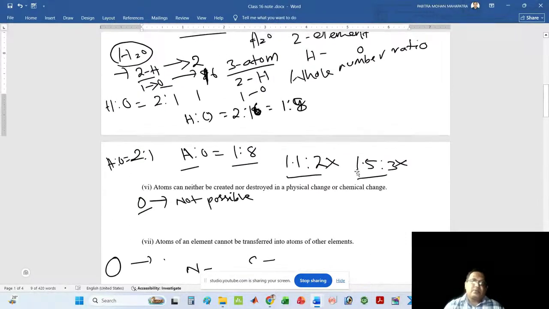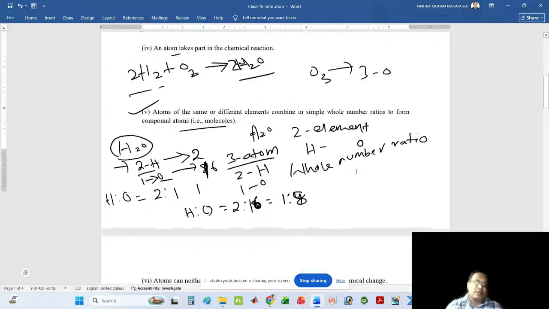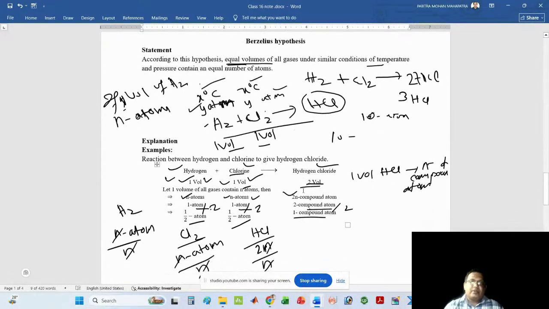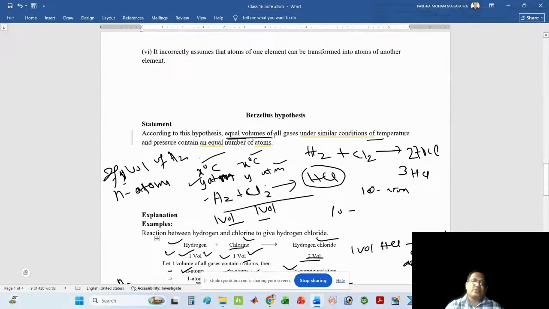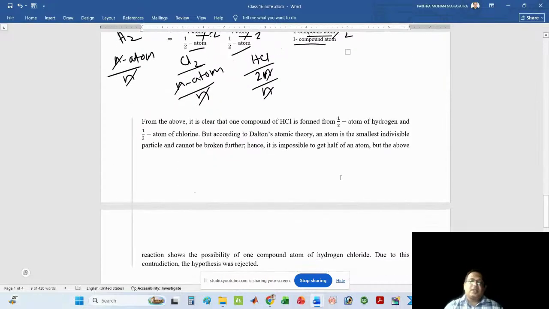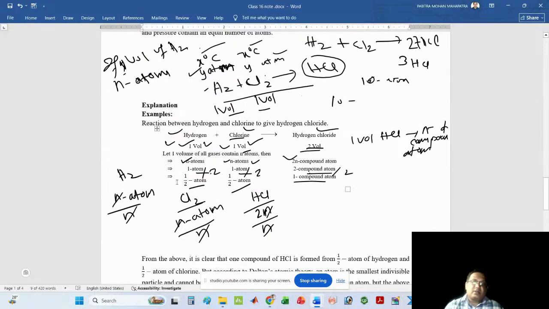If you give more priority to Dalton's atomic theory and apply it to the Berzelius hypothesis, then look at that. Here, in this example, half an atom of hydrogen and half an atom of chlorine are used for the formation of one compound atom. That means your atom undergoes breakdown.